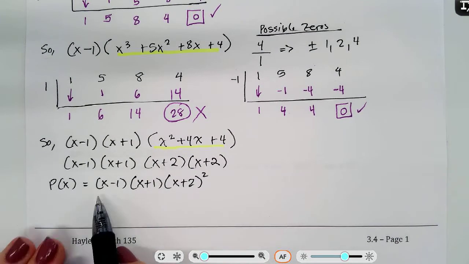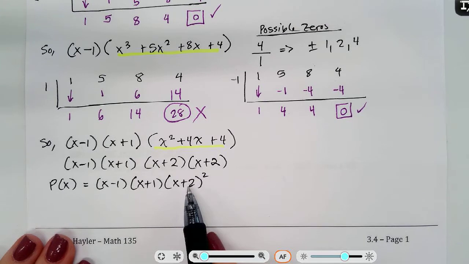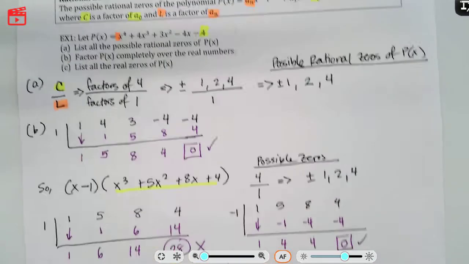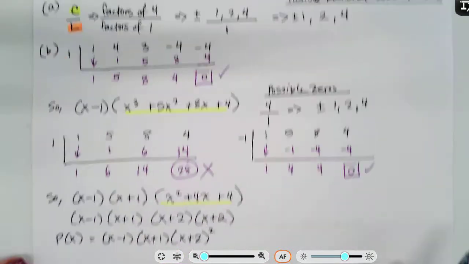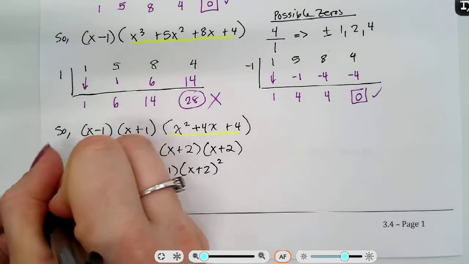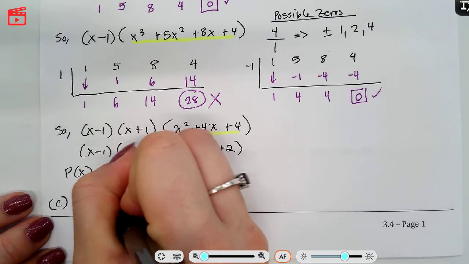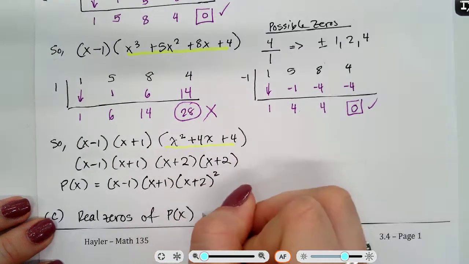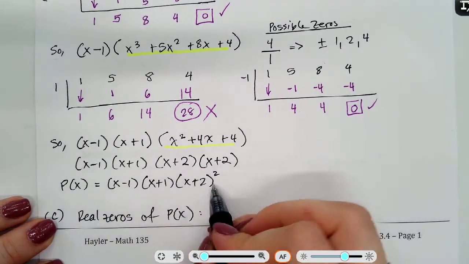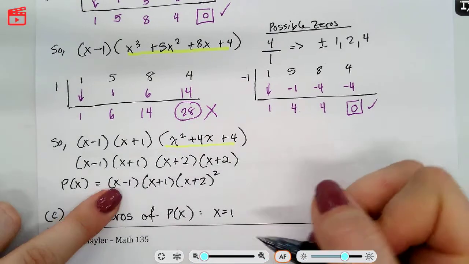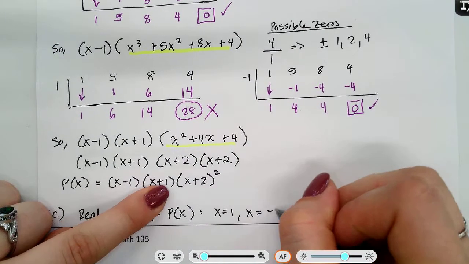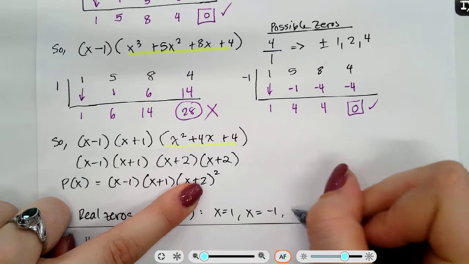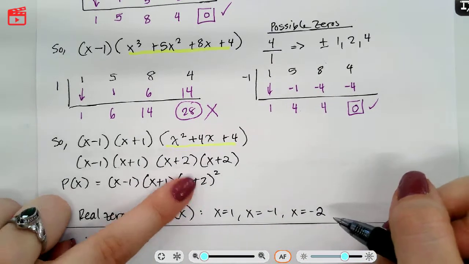Now, when we have our entirely factored polynomial, I can easily pick off my real zeros, which is part C. When you write this out, please do write out the real zeros of p of x. We take these values: x equals 1 came from there, x equals negative 1 came from that one, and x equals negative 2 came from that.